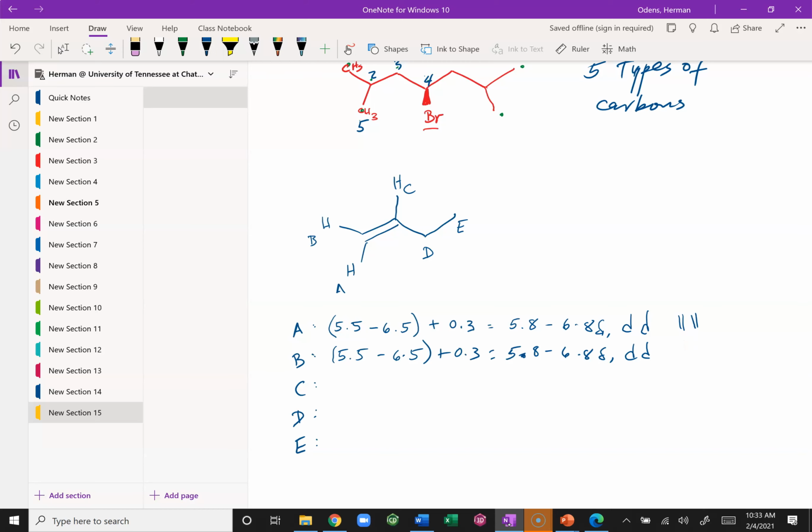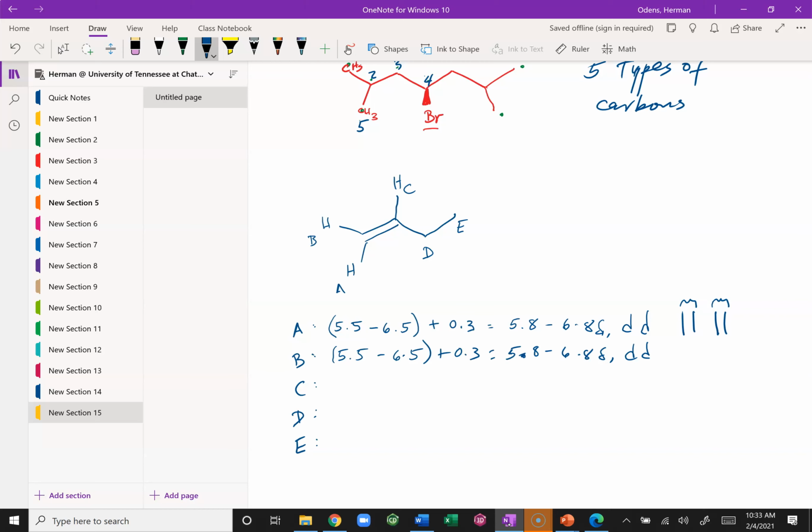Now, what the difference here will be is the signals from A to C will be more separated. So the J coupling will be wider, because A with respect to C is trans. B with respect to C is cis.